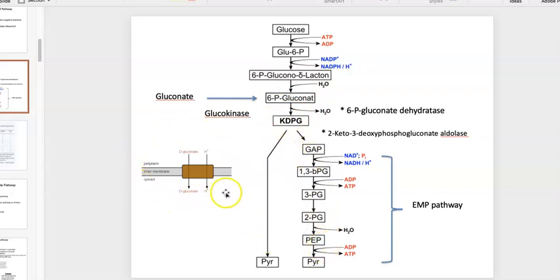Over here is just showing you a transport pathway that the microbes use, this proton symport, as it's called, where the microbes can transport gluconate across the permease enzyme using proton motive force from their electron transport chain. So they're pumping protons and then those protons can come back into the cell through permeases and use that to transport nutrients.